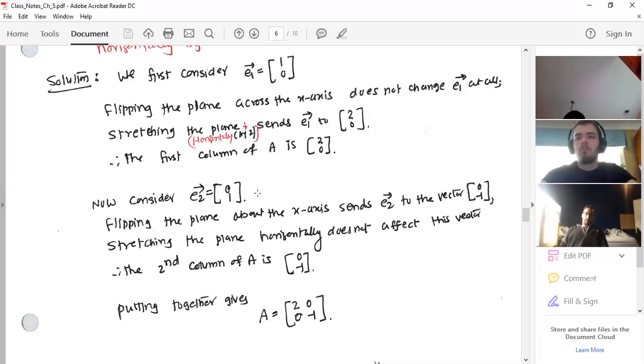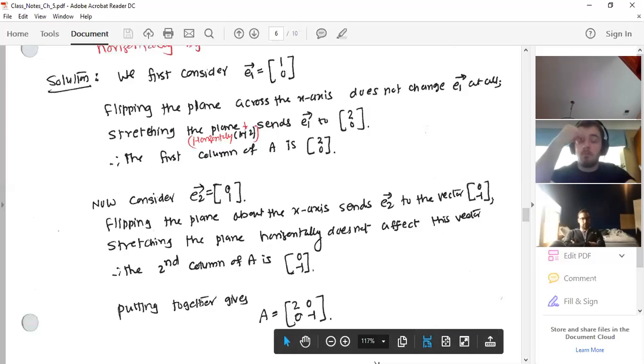If you flip it along the x-axis, it will now be (0, -1). Now if you stretch the whole figure with respect to your first vector (2, 0), it will give you (0, 0), (2, 0), (2, -1), and (0, -1). So you're going to get a rectangle. So the second column of A is (0, -1).